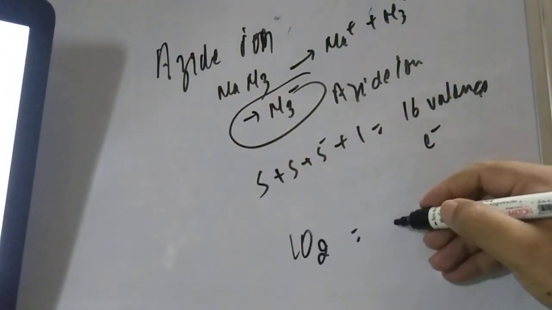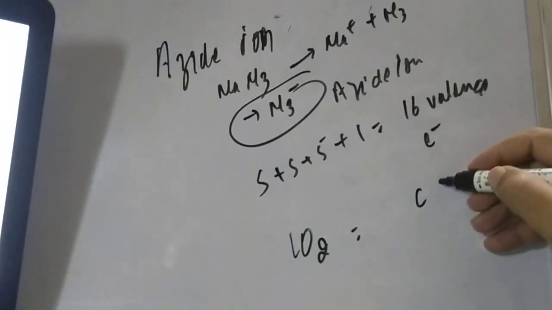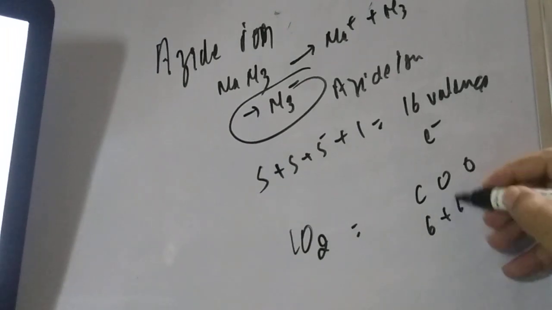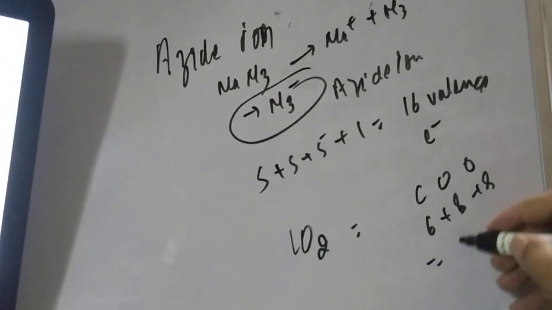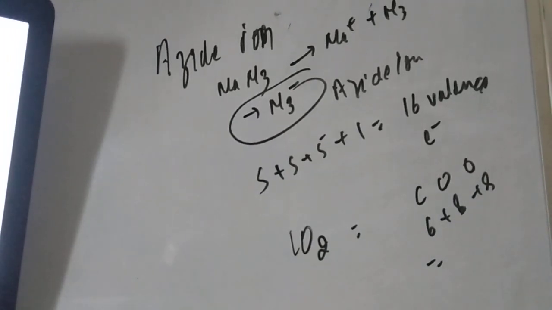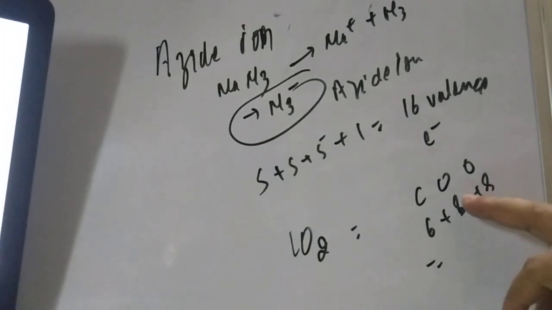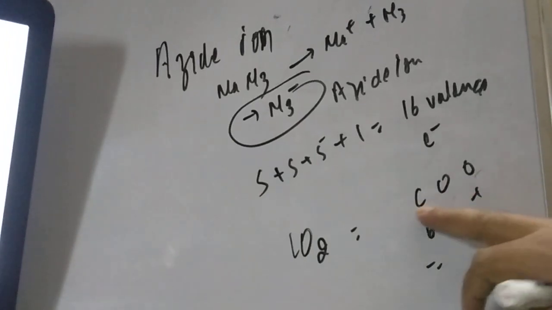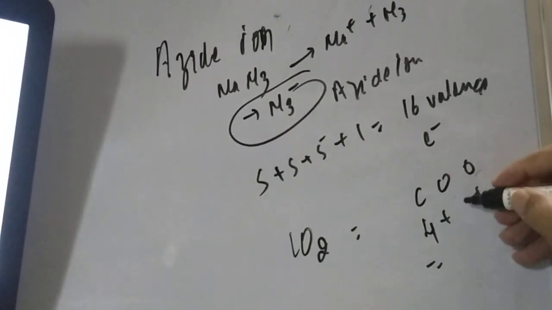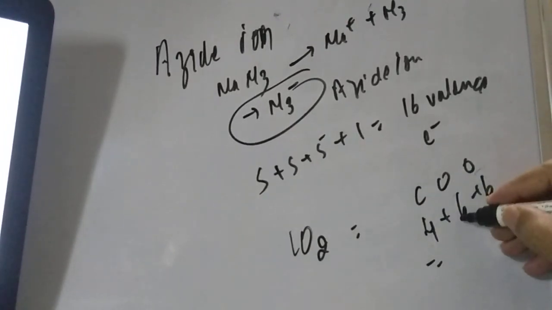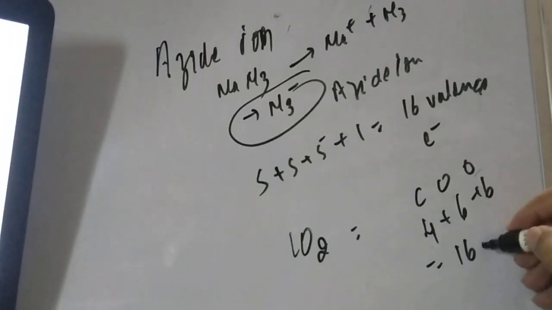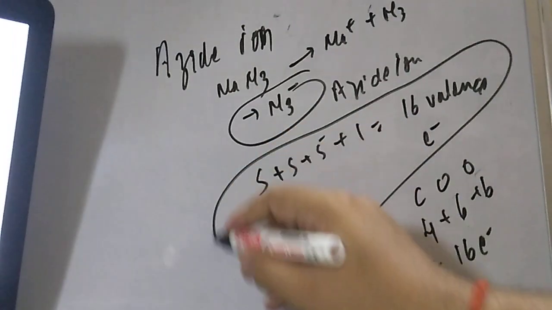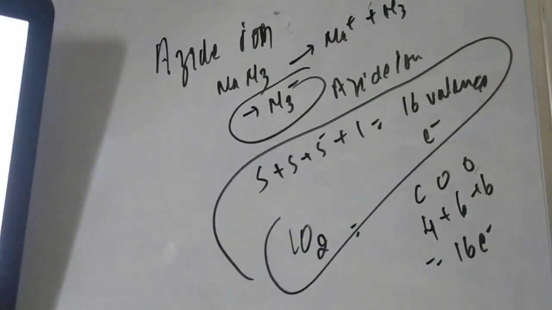How many electrons are there? Carbon has 6, plus oxygen 8 plus 8, so 16. But for valence electrons, carbon is 4, oxygen is 6, oxygen is 6, so 6 and 6 is 12, 12 plus 4 is 16 electrons. So it is isoelectronic with carbon dioxide, with 16 valence electrons.